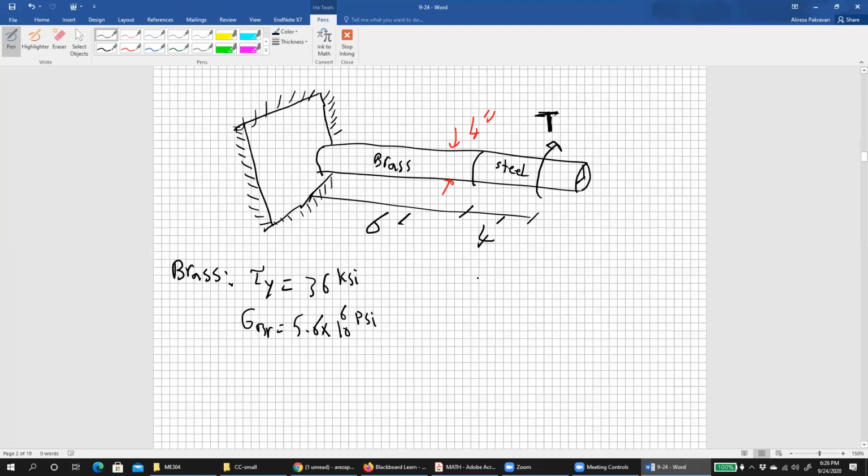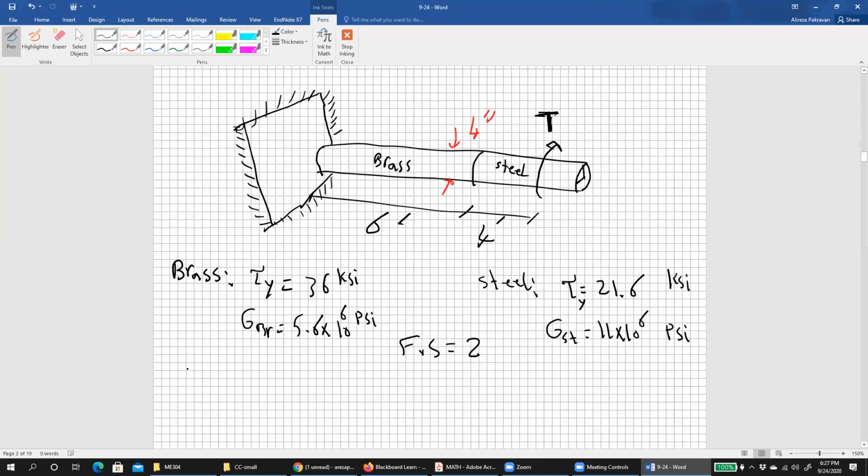Right, and then for steel, yield and G of steel, in PSI. Assume a factor of safety of 2 for both materials.